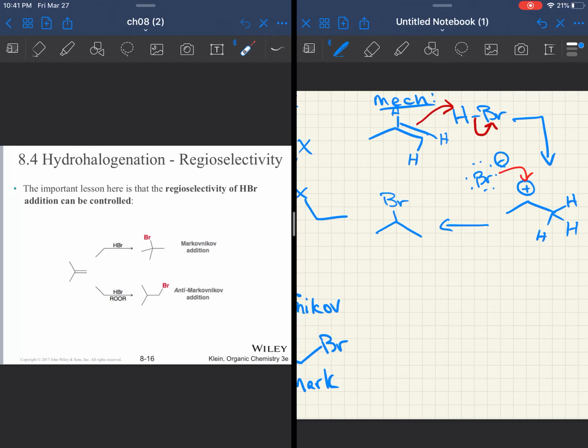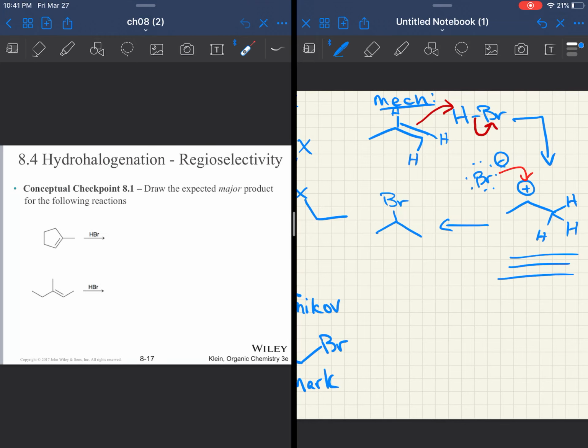And there is our bromopropane, our 2-bromopropane. It's all driven by the stability of that carbocation. So whatever the more substituted place is, that's where the bromine typically is going to add.